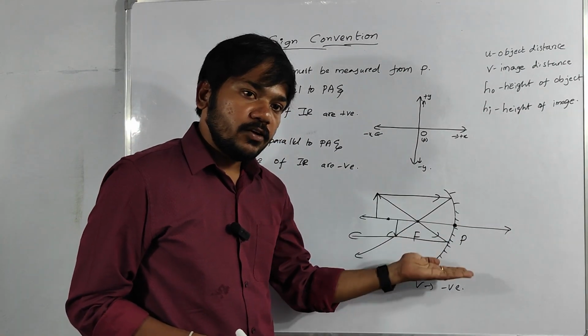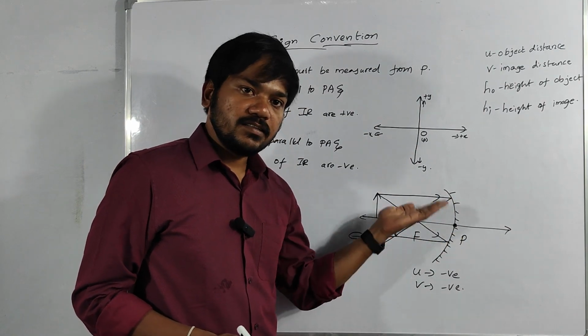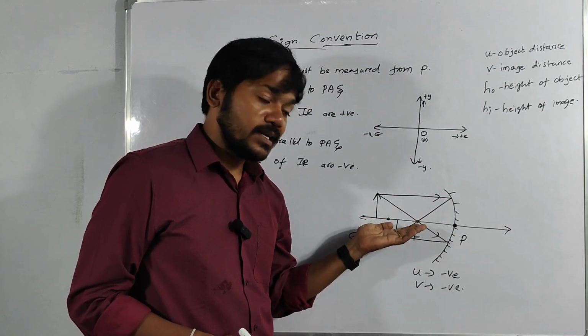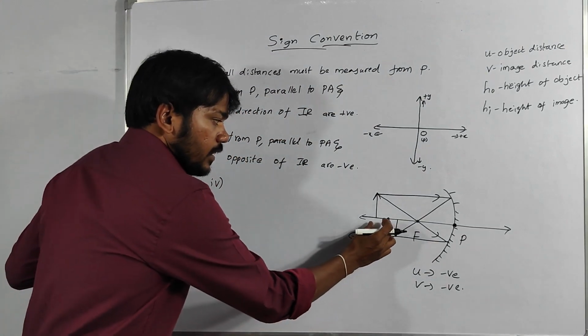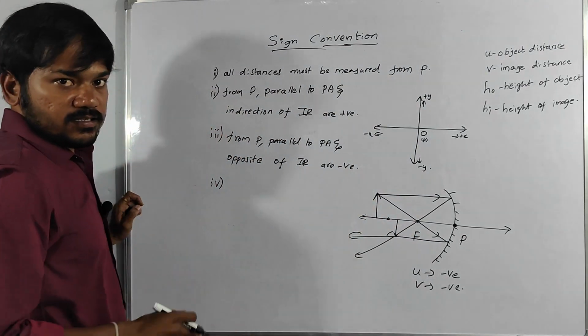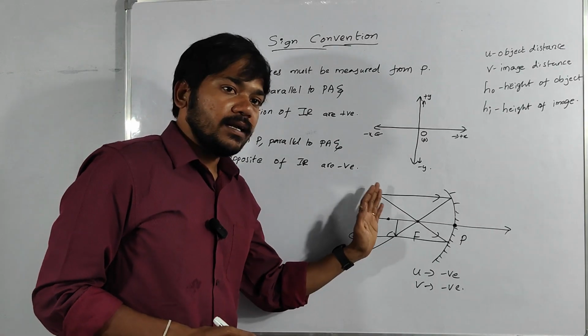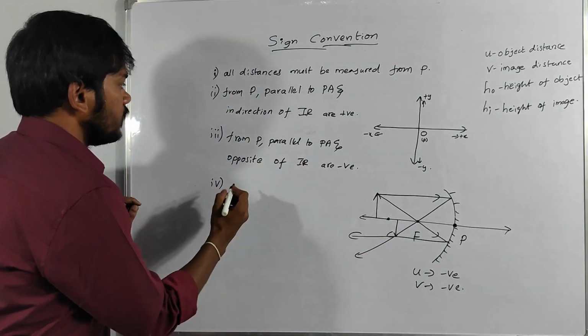distances perpendicular to the principal axis and above the principal axis are positive. Clear, no?